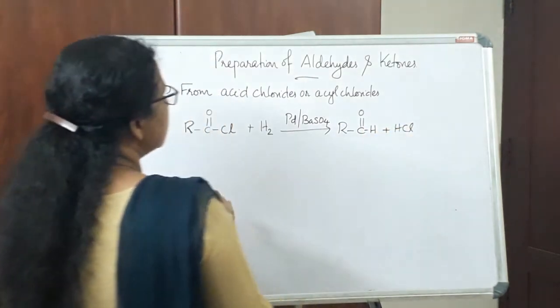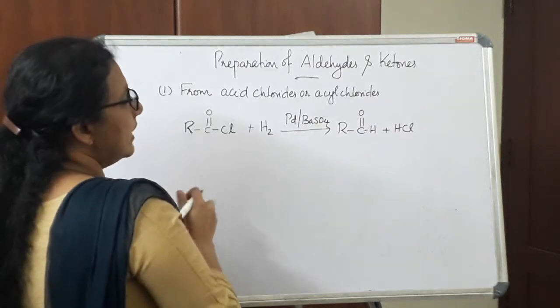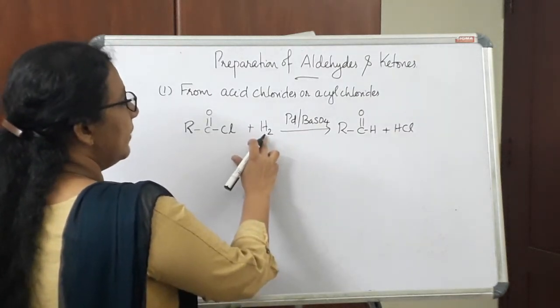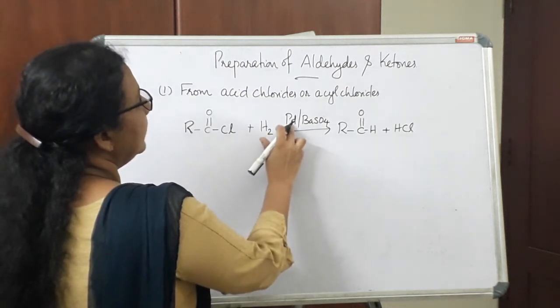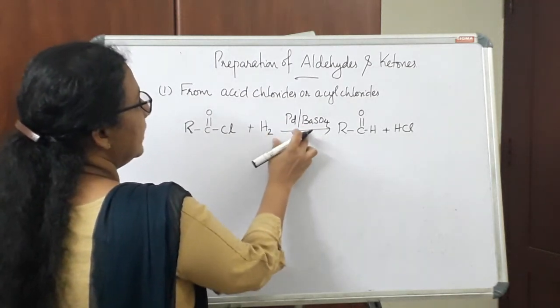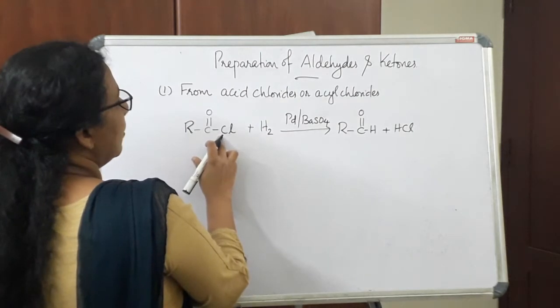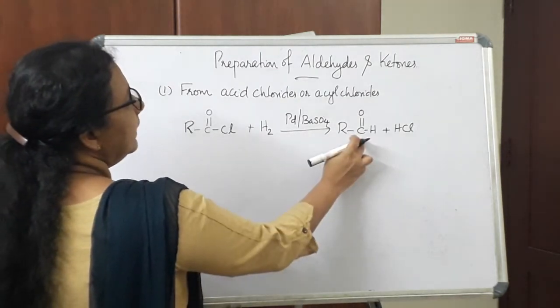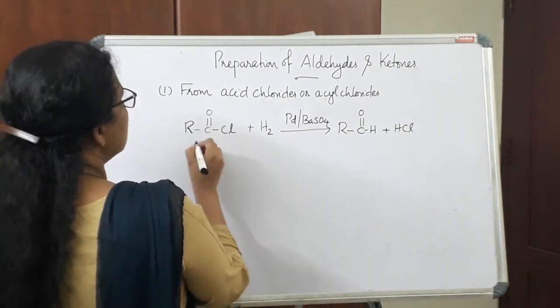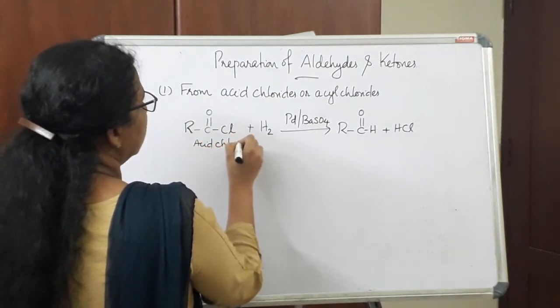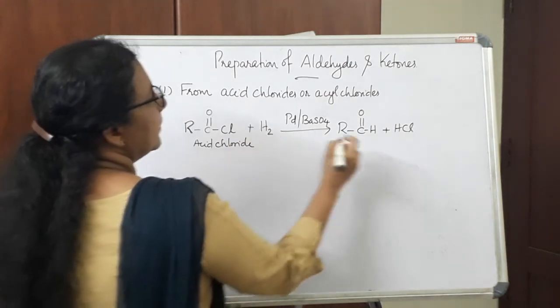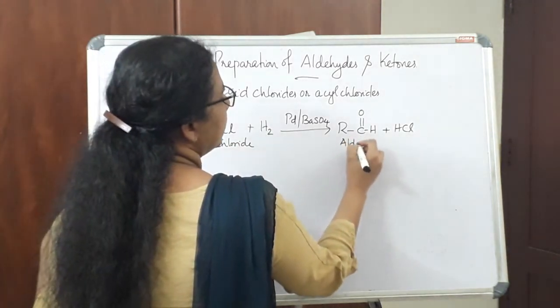In this case a reduction reaction takes place, that is addition of hydrogen with palladium and barium sulfate. This is the reagent. From acid chlorides, aldehyde will be formed. Acid chloride on reduction gives aldehyde.